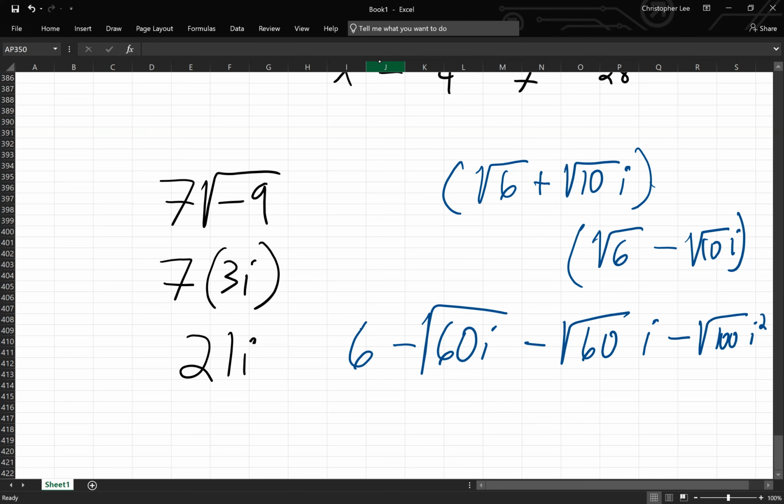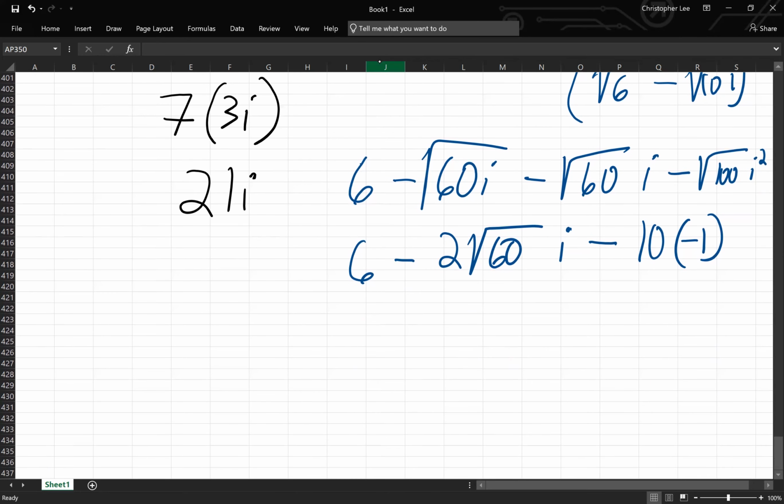Combine like terms, you should get 6 minus 2 square root 60i, minus square root of 100 is what? So 10 times negative 1, right? Because i squared. Combine like terms, all that good stuff. This should be 6 minus 2 square root 60i.